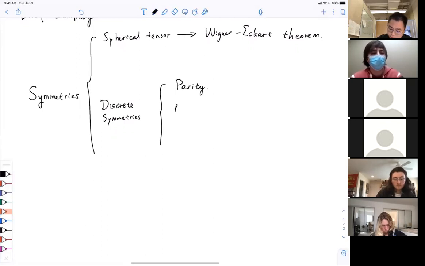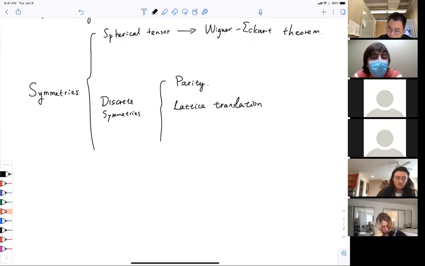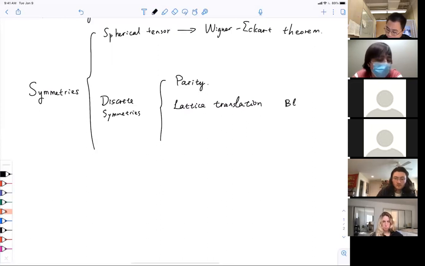And another thing is the lattice translation, right? It's important in solid state. There's one theorem, Bloch theorem.